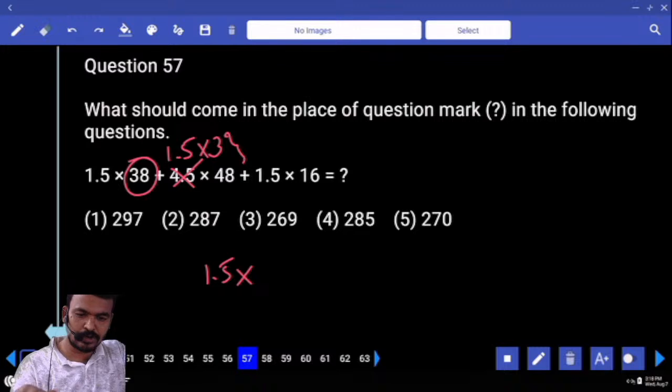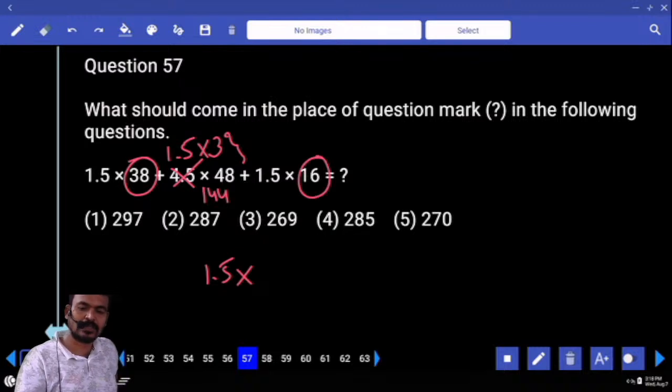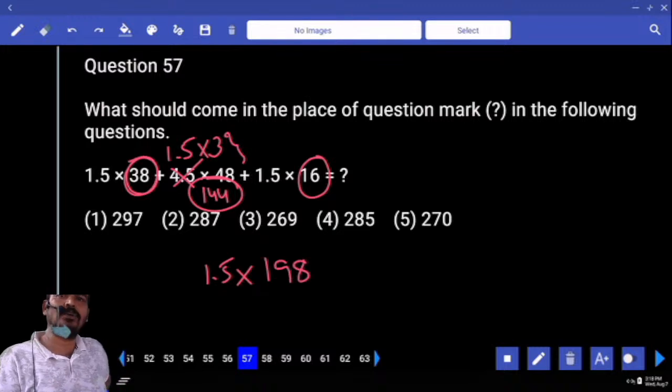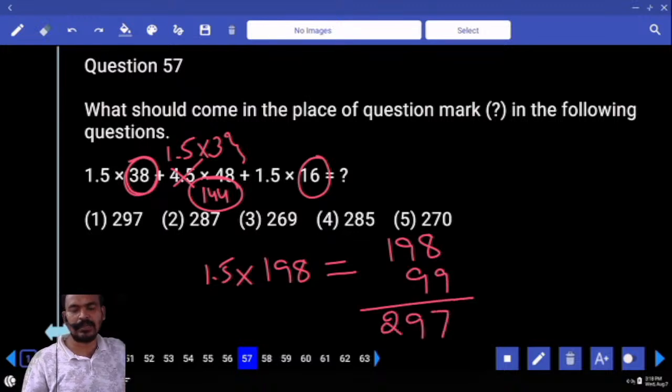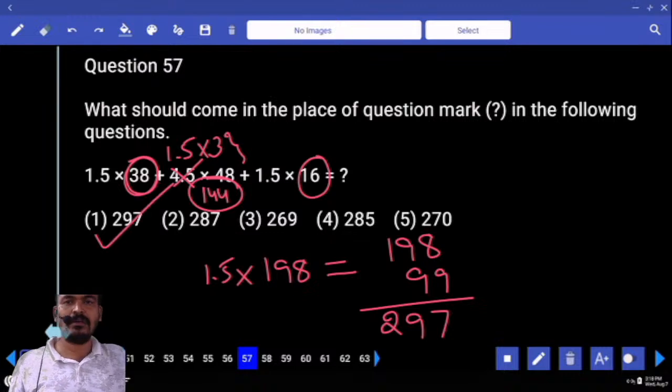Second one, 3 into 48. 144. 144 plus 16. 160 plus 38. 198. 1 and half into which one? What is the one time value? 198. Half value? 99. Together how much? 297. Or 198, 11 multiple. How many options? Only one.